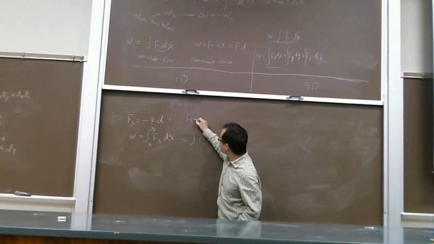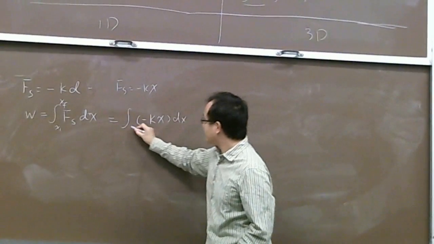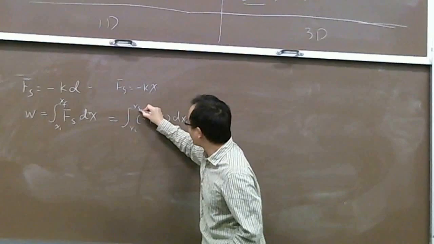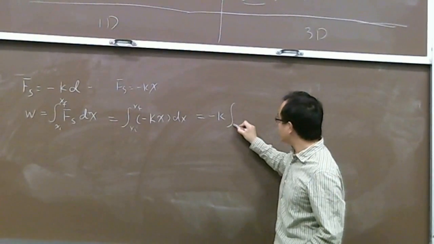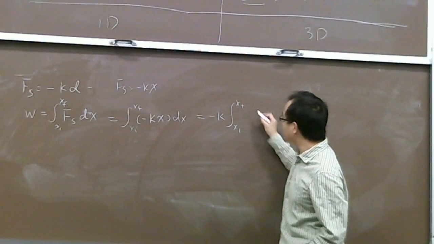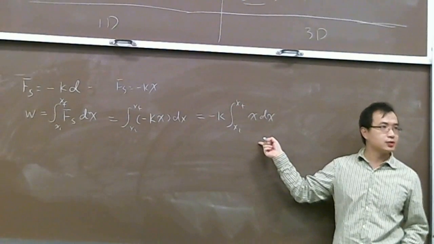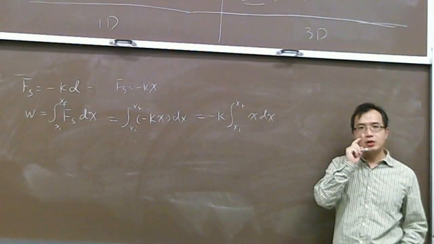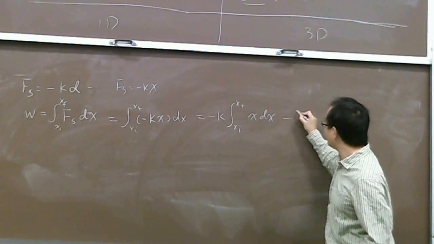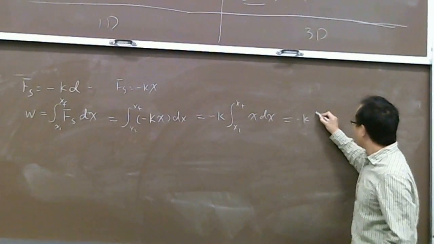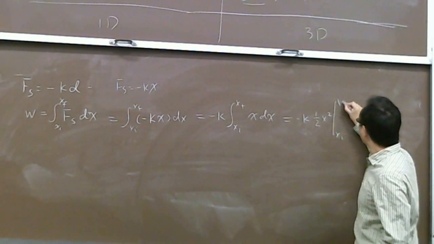So of course you can factor out negative k. You get the integral of x dx from x initial to x final. And we know how to integrate x dx, right? This is 1/2 x squared, right? So you get negative k times 1/2 x squared, from x initial to x final.